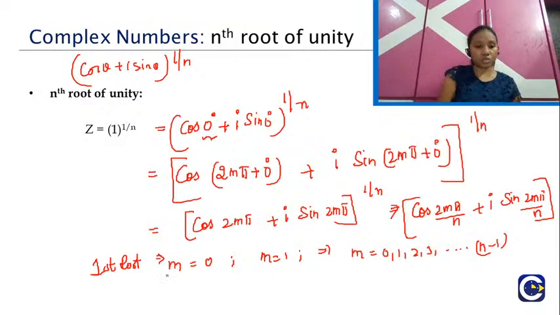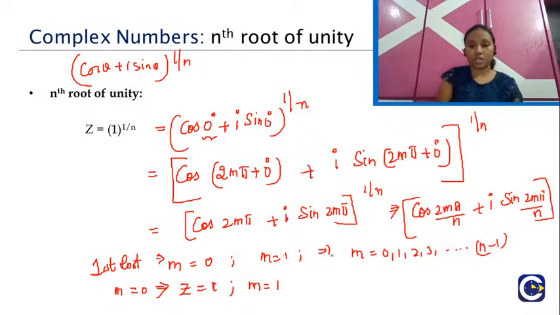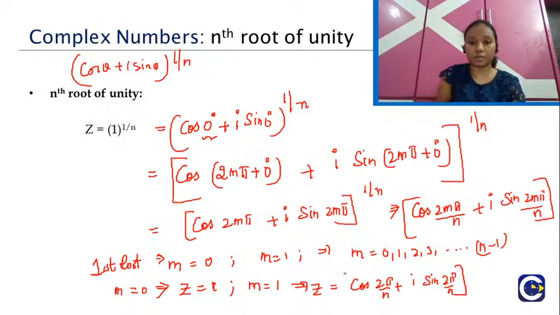My first root is when my m value is equal to 0. So when m is equal to 0, I directly have z equal to 1. Then what about my second root? I'll have my second root when m value is equal to 1. So let's substitute 1 here. Then my z will be equal to cos of 2 pi by n plus i sine of 2 pi by n. So this will be my second root.